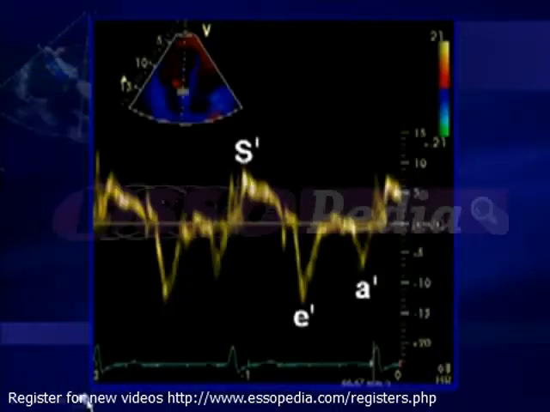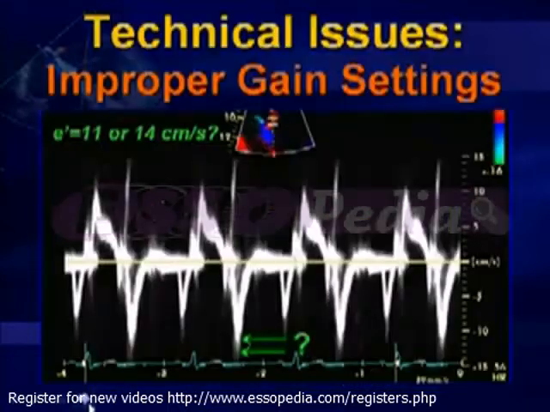And here is an example of septal myocardial velocity tracings, where we see the systolic velocity towards the apex or transducer, the early diastolic mitral annular velocity or E' velocity, and the A' velocity. Now some important technical issues may center around gain settings.